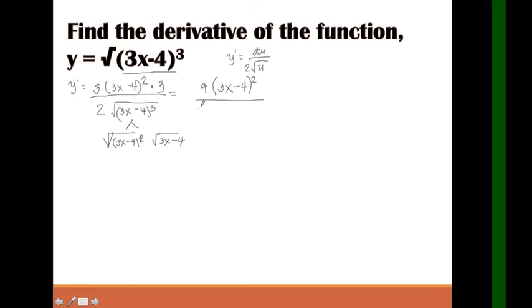So we can have here 2, and then 3x minus 4, then square root of yung natira, 3x minus 4. So we can cancel this one. Matitira pa yung isa kasi may square dyan. So it will become 9, I think that's 3x minus 4, then over 2.